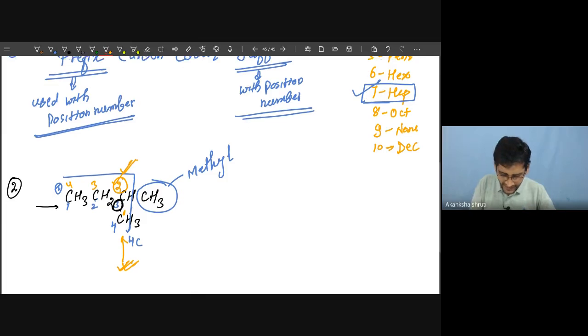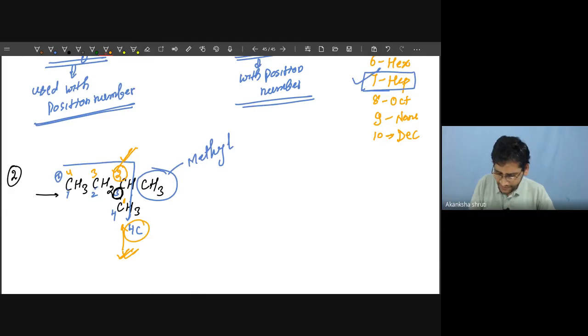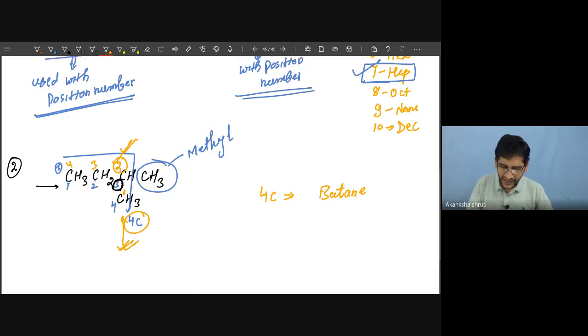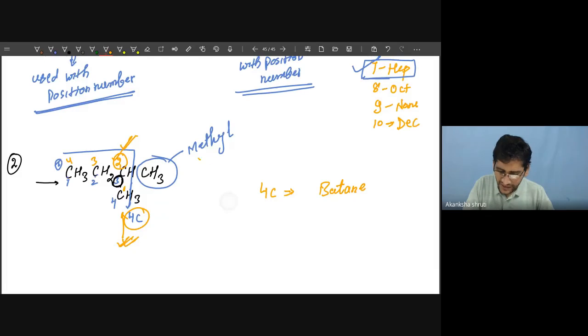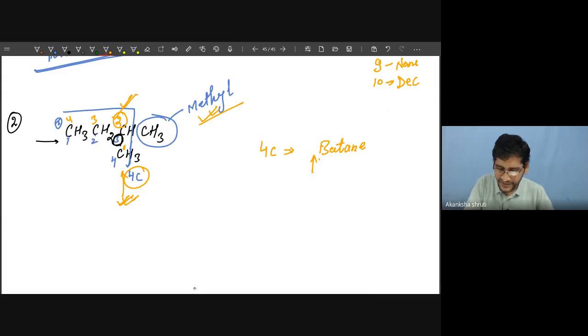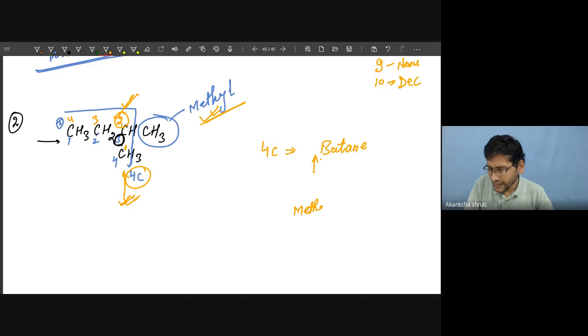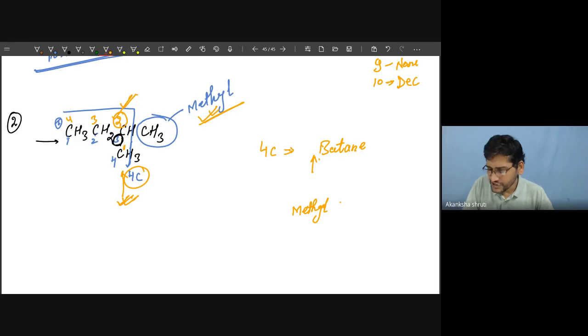For giving the name, what is the longest chain? 4 carbon. 4 carbon means it should be butane, but since there is no double bond or any other functional group, you can directly consider it as butane. And this is the methyl, which will be added as the prefix. So add the prefix methyl. So this becomes methyl butane.